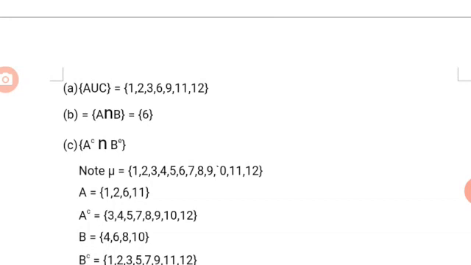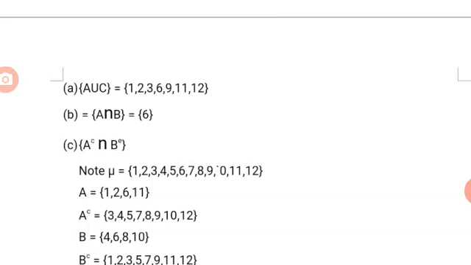Then A complement will be what is inside the universal set, but it is not in A. What is in the universal set but not in set A?